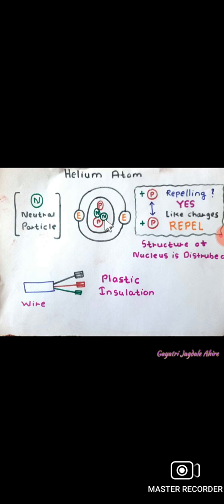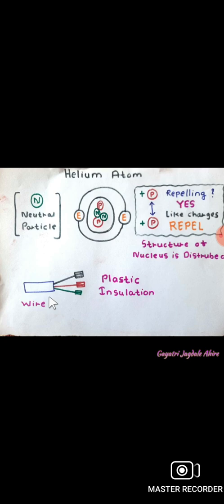From this, you can also learn the function of neutrons in the nucleus. Consider 2 current carrying wires touching each other, but they are protected by plastic insulation.